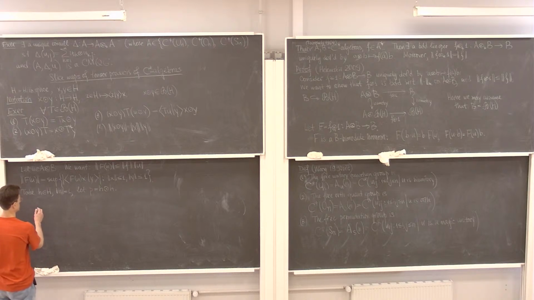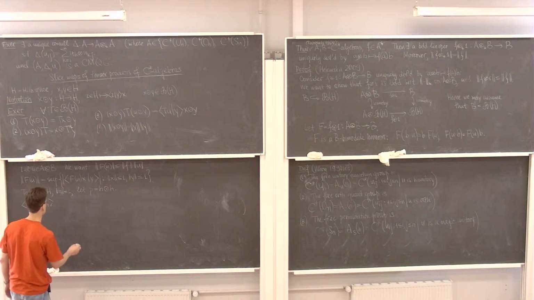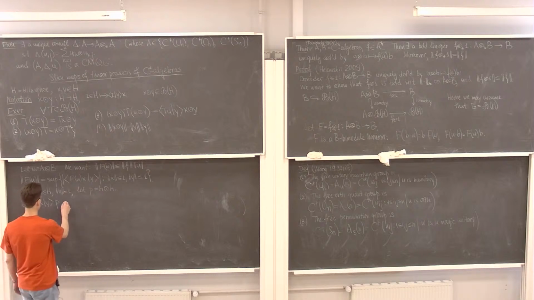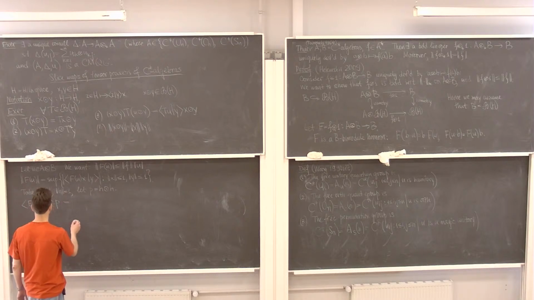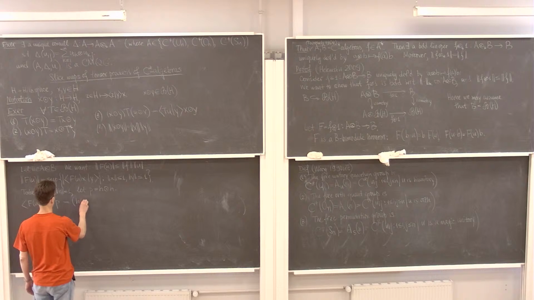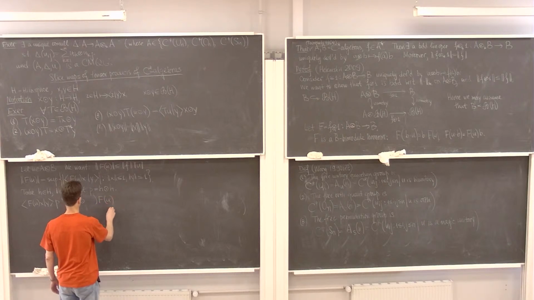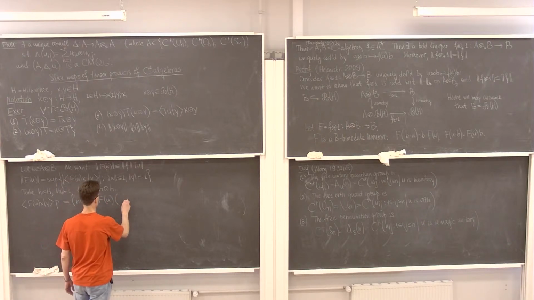And let's observe that if we take this number, the number we are going to estimate, and multiply it by P, then this is nothing but the following product: h circle something, F of u, something circle h.